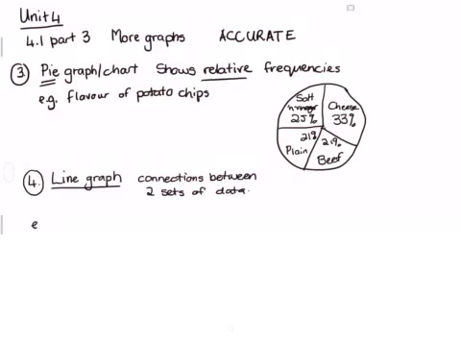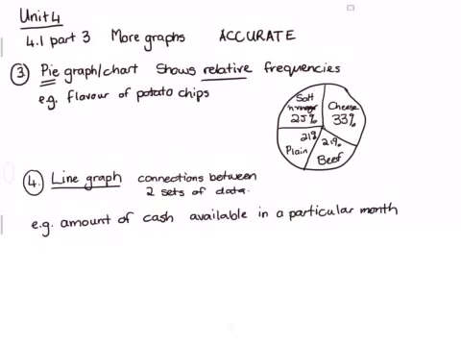So let's do as an example, amount of cash available in a business or in a shop or whatever, in a particular month. Or even in a bank.